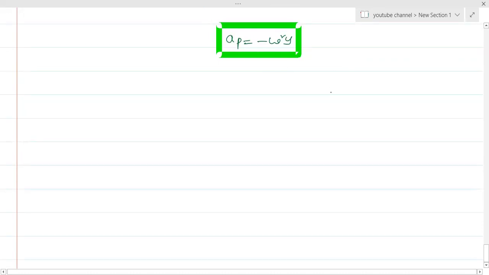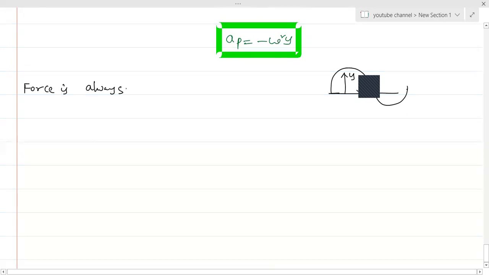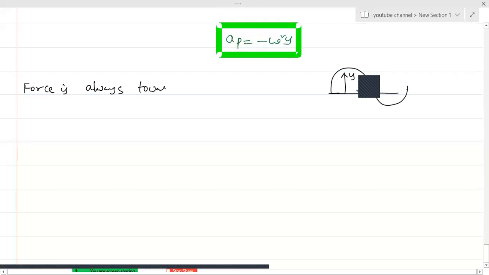That means, for example, if this is the propagation of the wave and this is the particle displacement y, we will see that the acceleration of the particle is towards the mean position. Therefore, the force is always towards the mean position.